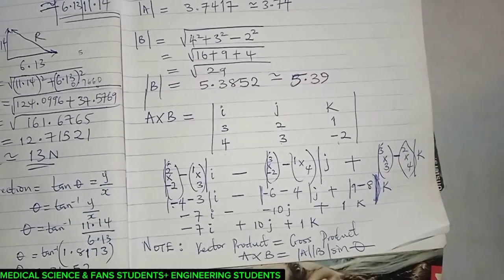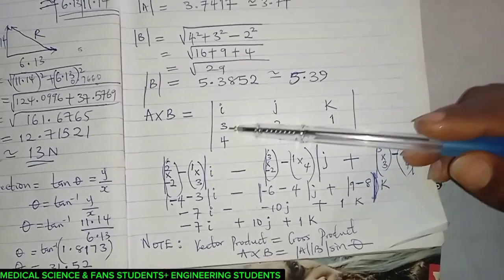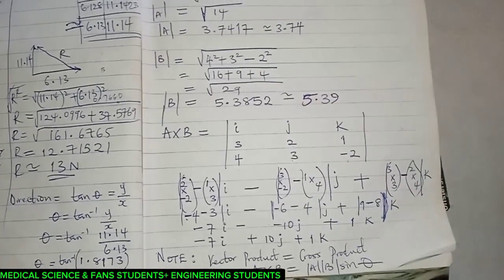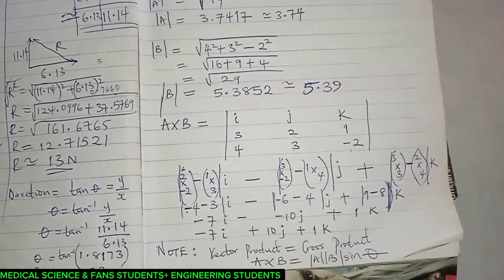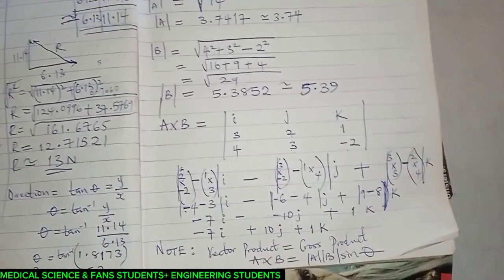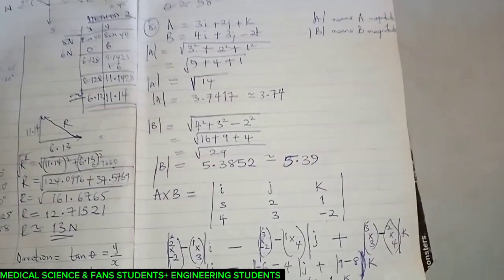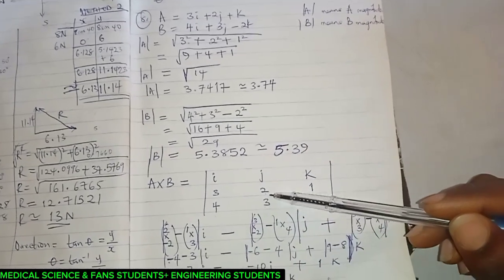So we use the determinant matrix. Everything about i, you put it out here. Remember, everything about i is 3i plus 2j plus k. So everything about i is 3 and on the B is 4. Then everything about j, 2 and 3.